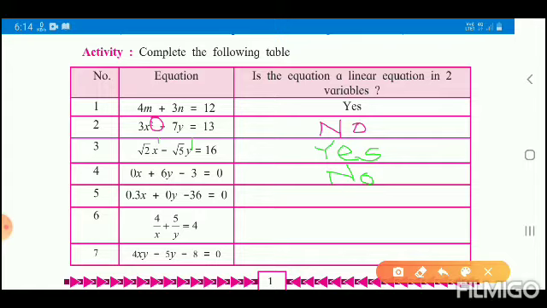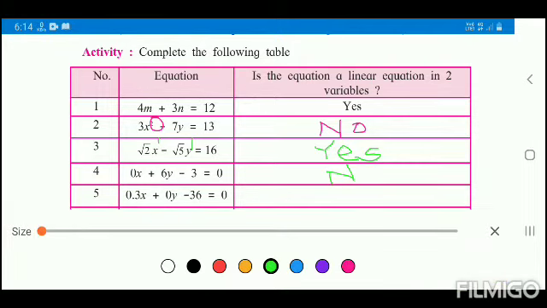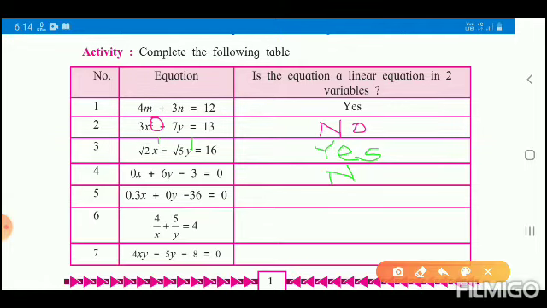Now we will see fifth one. Fifth one you will see, then here also y's value is 0. So it is also not a linear equation. Now sixth example. Sixth one you will see, then the degrees of x and y are -1.